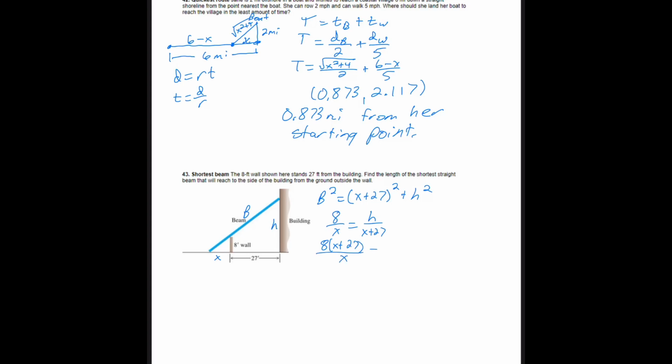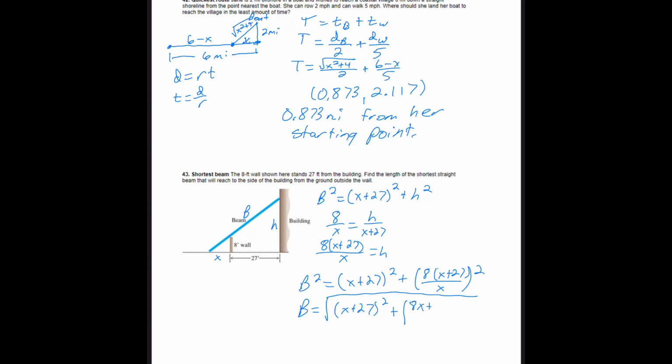So if I multiply both sides by x plus 27, I get 8 times (x + 27) over x equals h, and now I can substitute in that equation. So b squared equals (x + 27) squared plus (8 times (x + 27) over x) squared.